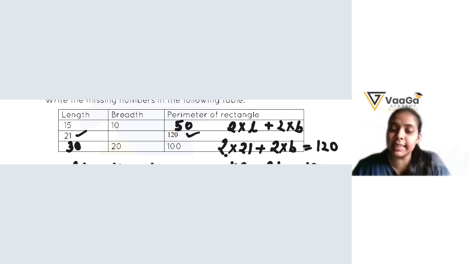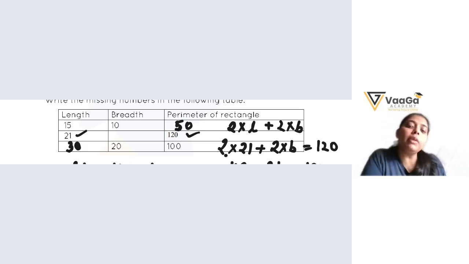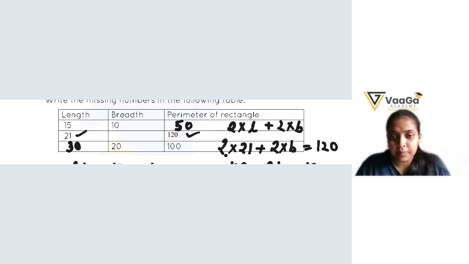If you have to explain to someone what is area, how will you tell what you mean by the term area? When you do length times breadth, what do you calculate?